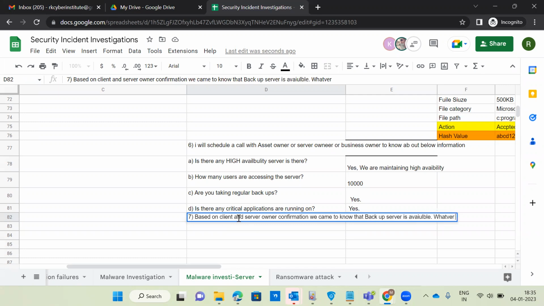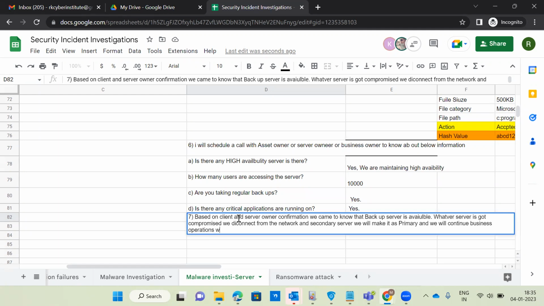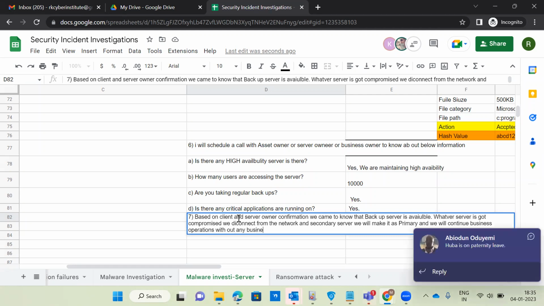Whatever primary server got compromised, we will disconnect it from the network, and we will make the secondary server or backup server the primary, and we will continue business operations without any business disruptions.